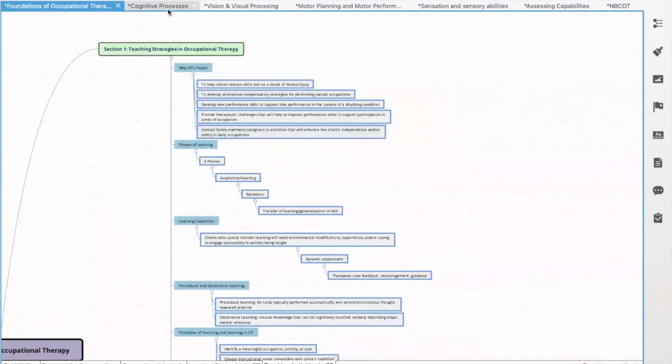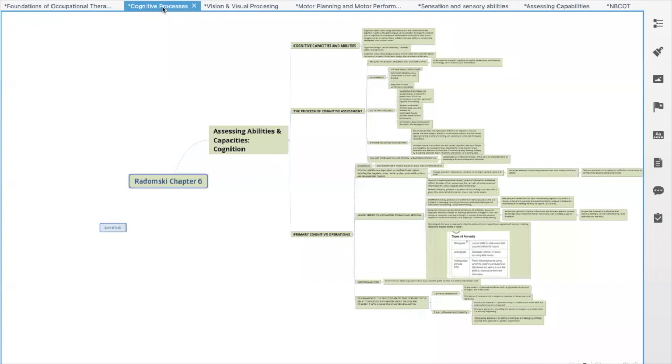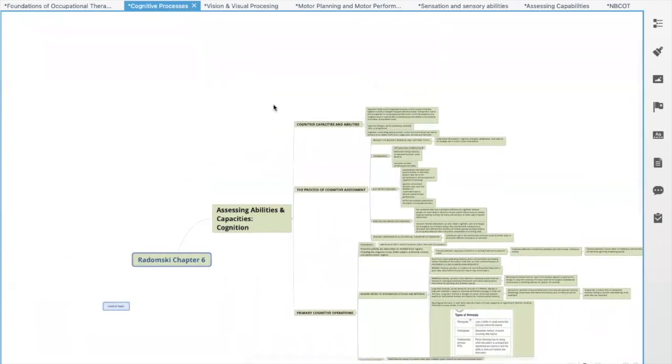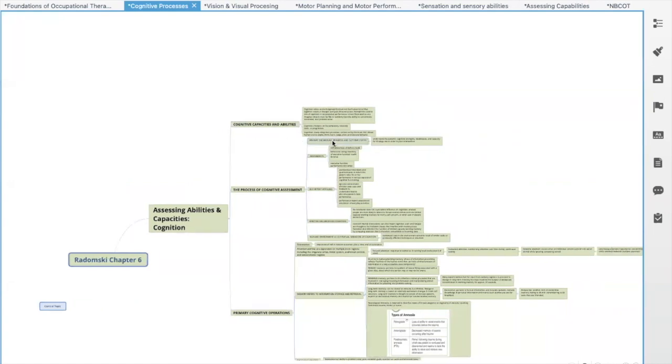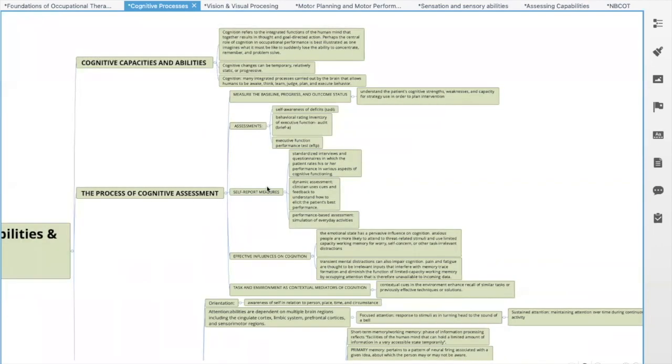Now moving on to cognitive processes. So this is just assessing the abilities and capacities of your client and what that would look like.